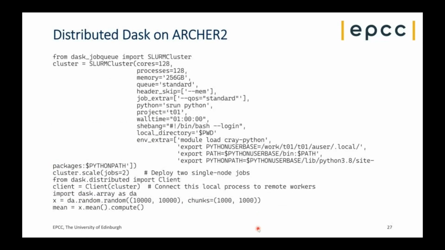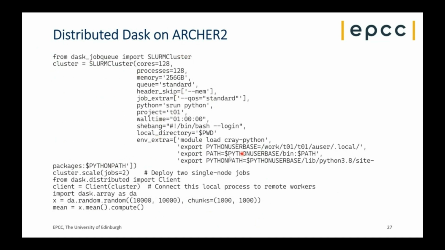But if you want to go to more than one node, then, as part of your Python program, we need to set up a Slurm cluster, and you can just copy this. In fact, we have this on the ARCHER2 website where you can copy it directly.